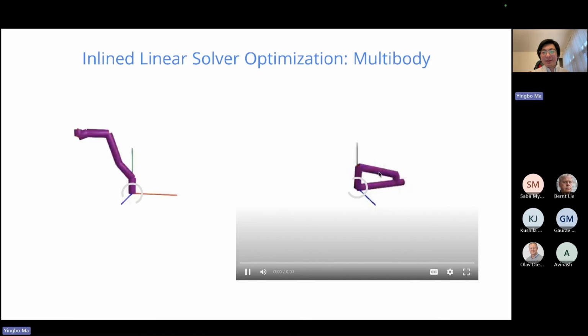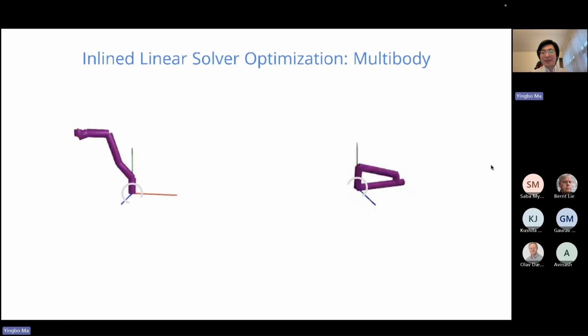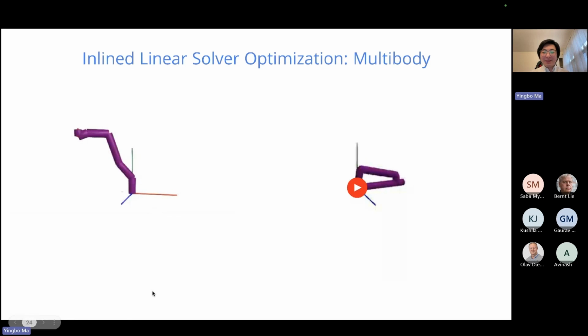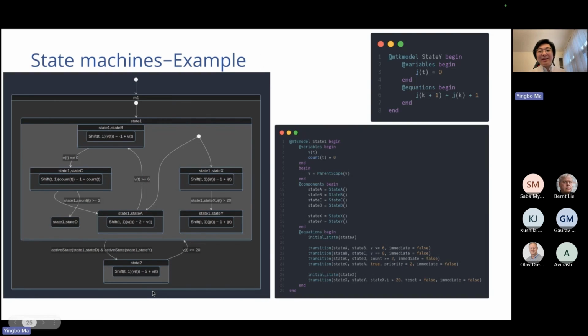The reason I'm demonstrating this in particular is that it has a kinematic loop, right? So our multi-body library also handles kinematic loops. Okay, let's try again. Okay, so it doesn't play, but yeah, I will just go on.